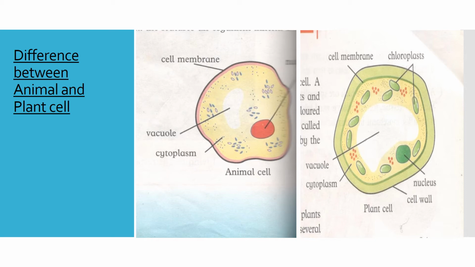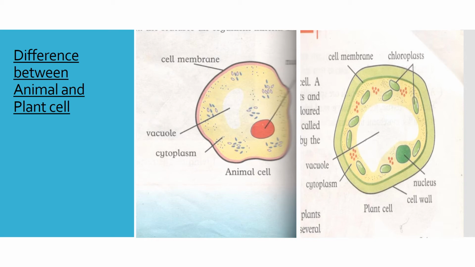A large nucleus is present in the animal cell and a small nucleus is present in the plant cell. A large vacuole is present in the center of the plant cell, while vacuoles of many small sizes are present in the animal cell.